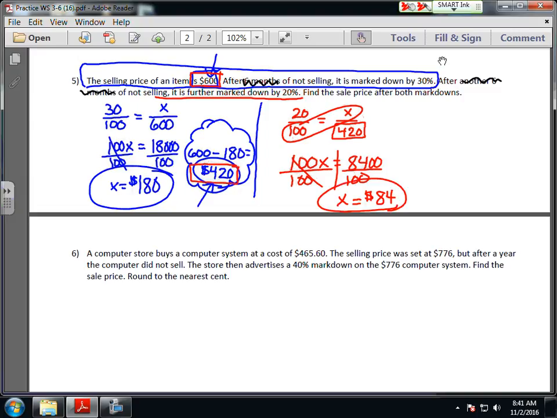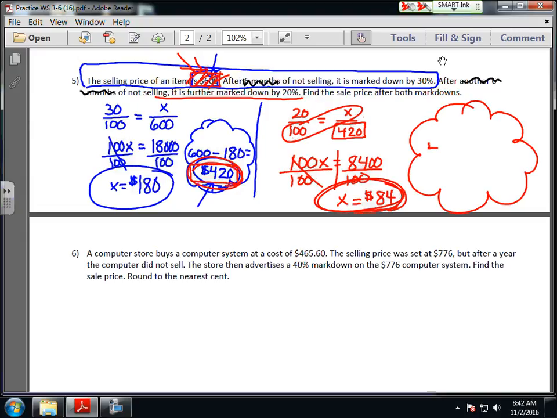Now, does this mean that this item that they were originally selling for $600, we can now buy for 84 bucks? No, it doesn't. What do I have to do here? Remember, this item is not $600 anymore. It's $420.